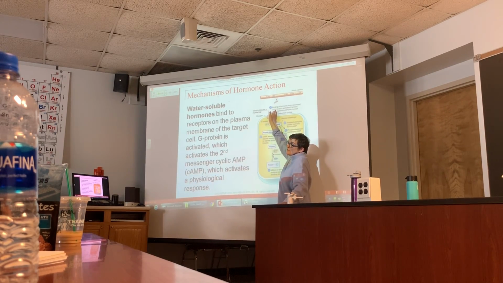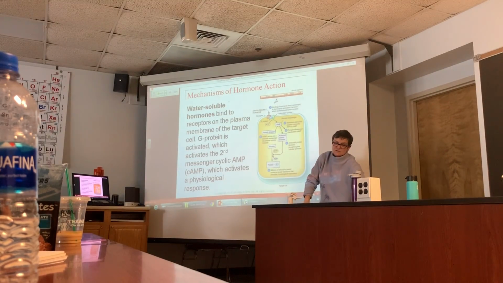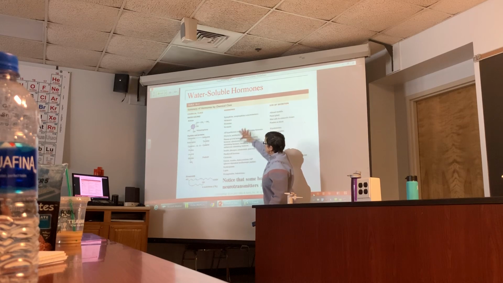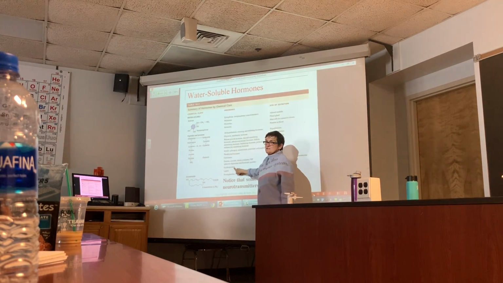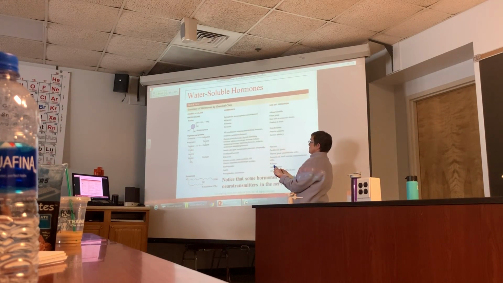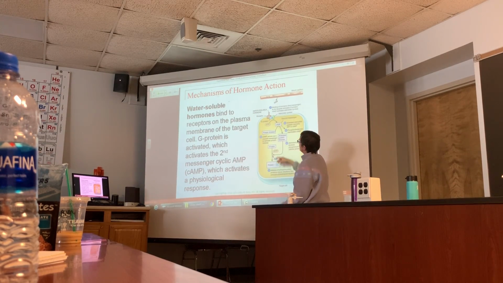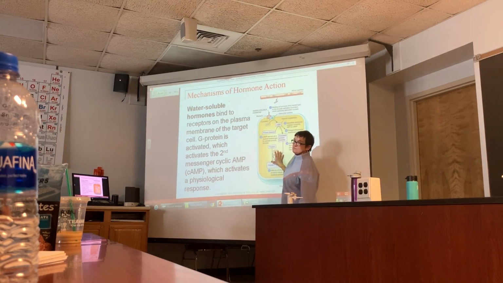Each of those hormones in that list has a specific receptor on its target cells. Each receptor is different. It only binds to a specific hormone. If there's no hormone, there's no action.